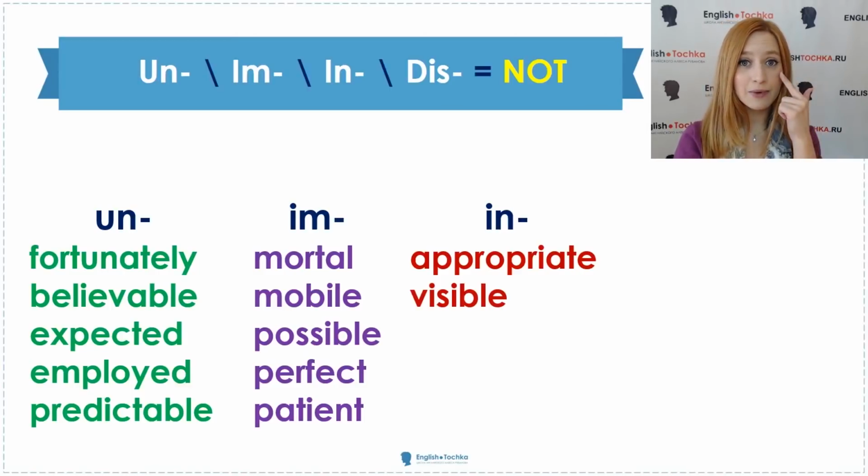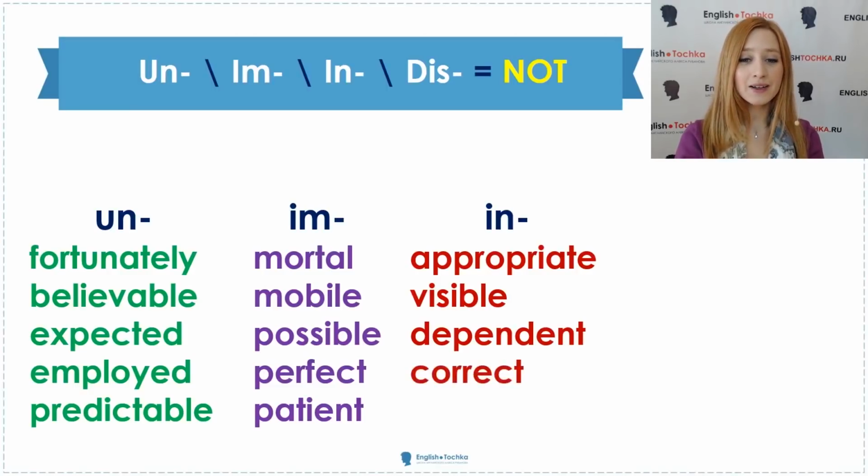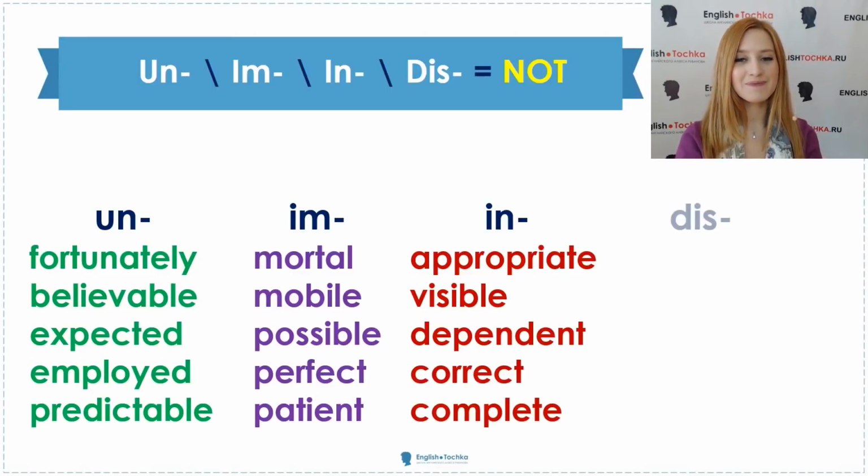If something is visible, we can see that, and invisible, we can't see that. Dependent and independent, those are 2 adjectives actually. If I am dependent on someone, it means I depend on them. If I am independent, it means that I can do everything on my own. Correct and incorrect, see? Complete or incomplete. Finished or not finished.